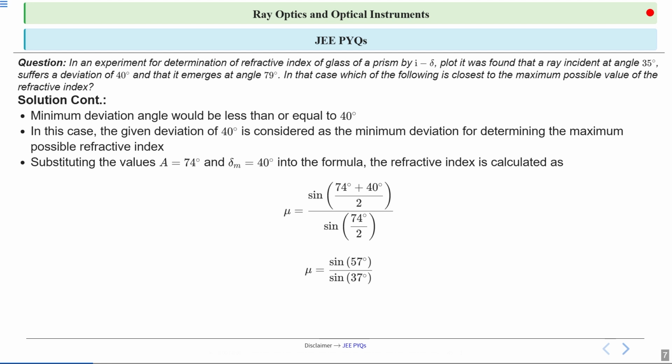So after simplifying the expression, we find that mu equals sine 57 degrees upon sine 37 degrees. This step involves using trigonometric functions to find the sine values of the angles, which will give us the refractive index.